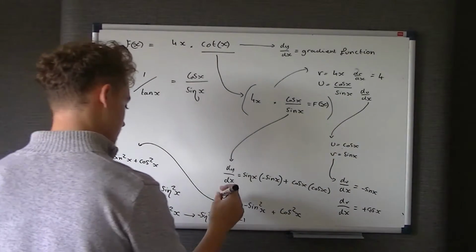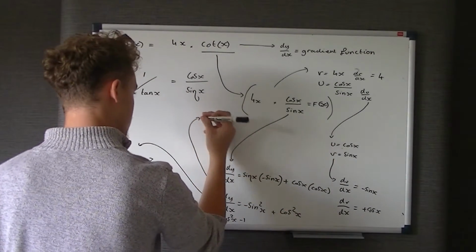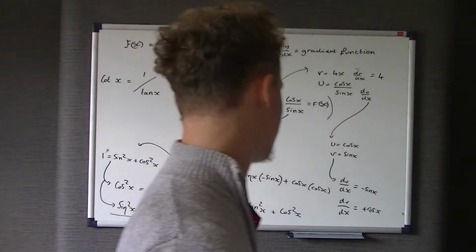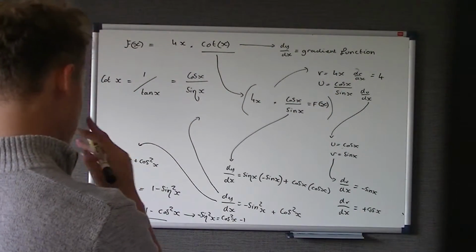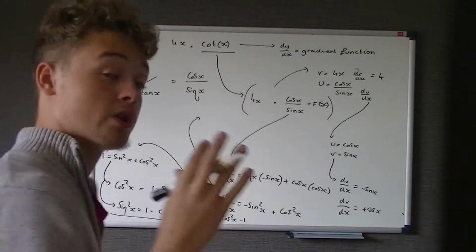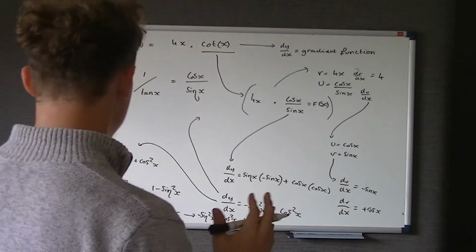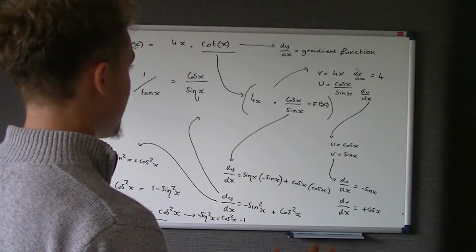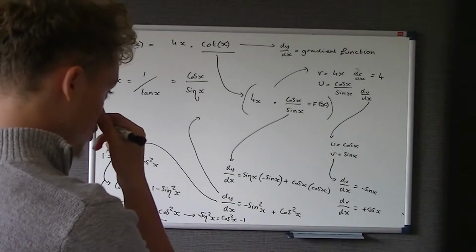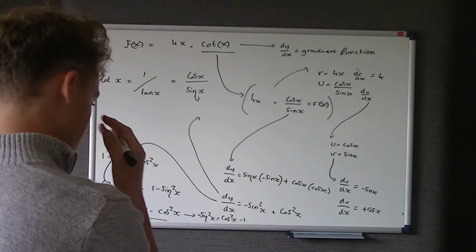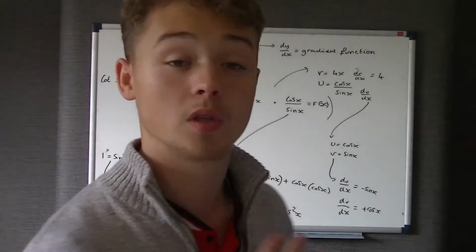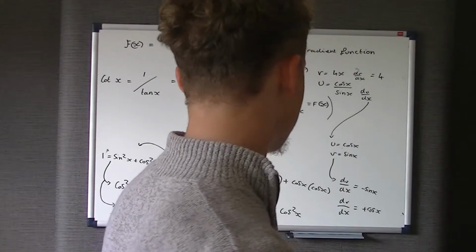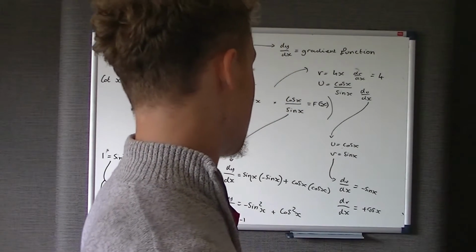And then we put that back into the original derivative. It was originally minus sine squared x plus cos squared x, and we use the trigonometric identity 1 equals sine squared x plus cos squared x to get the minus sine squared x. So we can put it into the derivative of cos x over sine x.